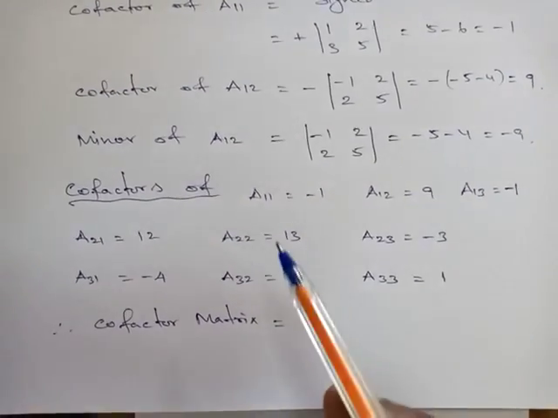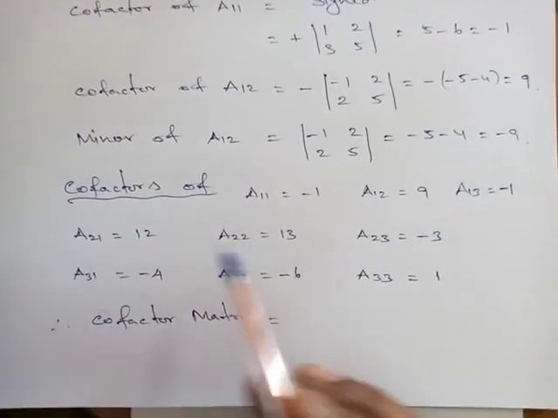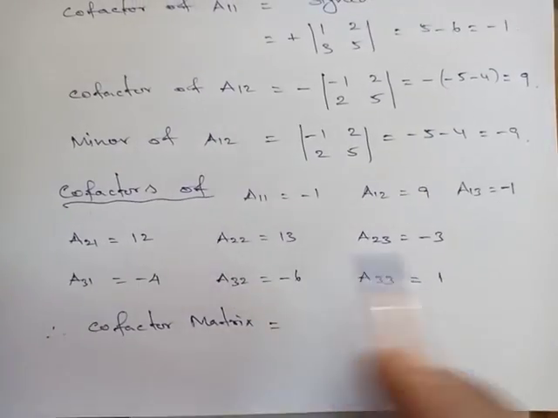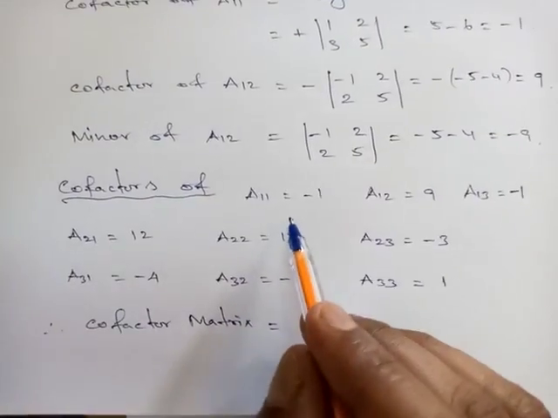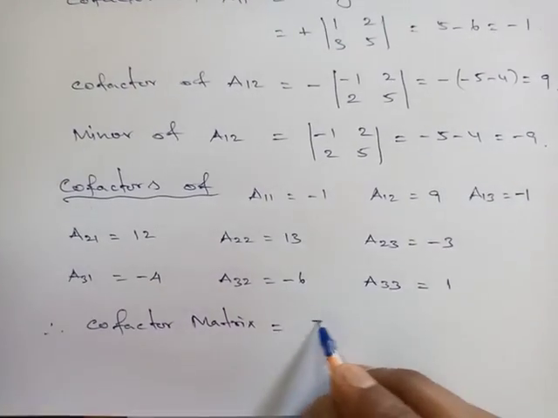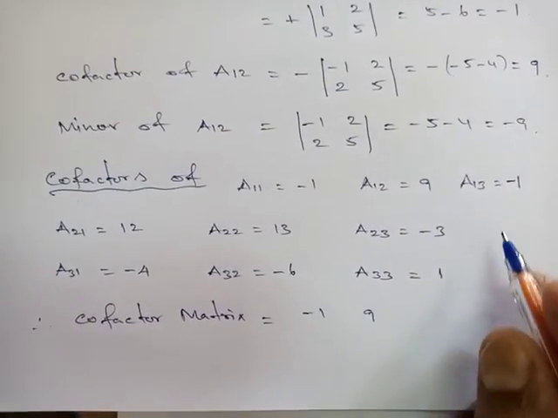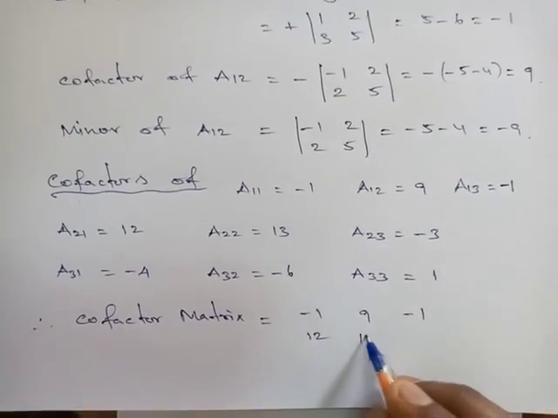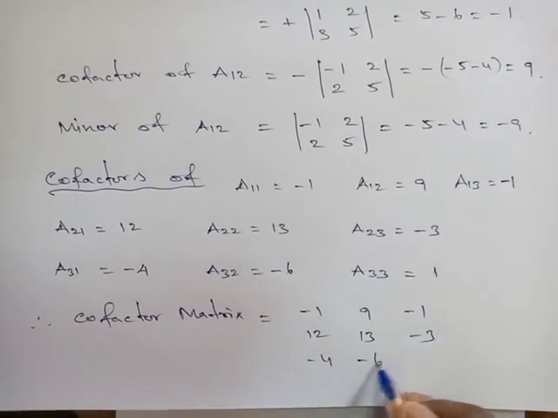Like this we can find all the cofactors of A11, A12, A13, A21, A22, A23, A31, A32, A33. After finding these cofactors, we have to find the cofactor matrix. If you write them in the same order in a matrix format, that is called the cofactor matrix. A11 value is minus 1, this is 9, the next one is minus 1, the next is 12, 13, minus 3, minus 4, minus 6, 1.